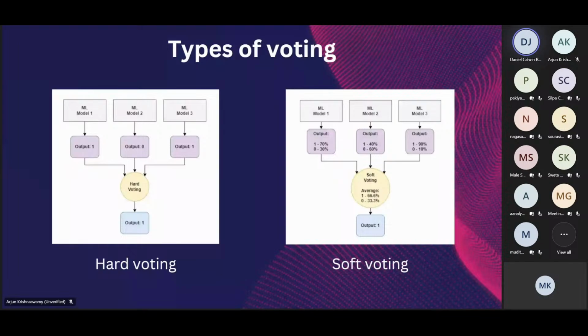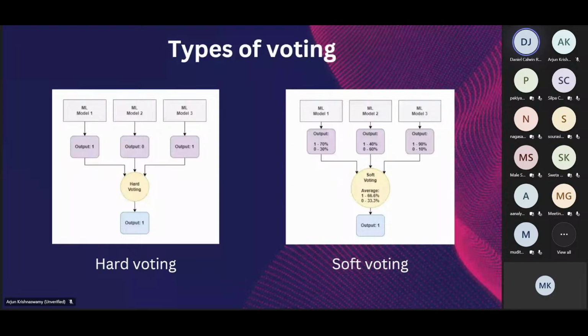As you can see, for output 1 the percentages are 70, 40, 90, so their average is 66.6. For output 0, the probability is 33.3. So our final output is obviously 1. These are all the simple ensemble techniques which we'll be using in our upcoming ensemble methods.